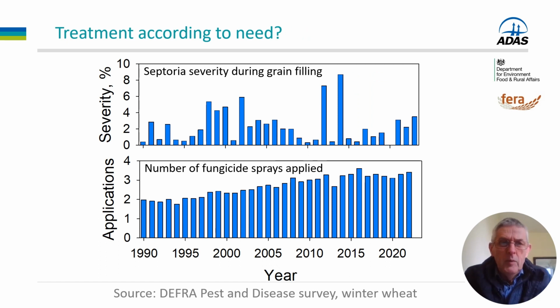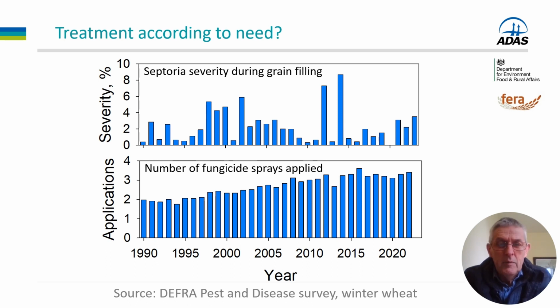So why do we need to predict severity? And the answer is that it's an important principle of IPM that we treat according to need, and the need for treatment relates to the severity of disease during the yield forming period.